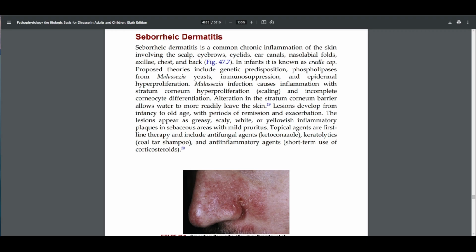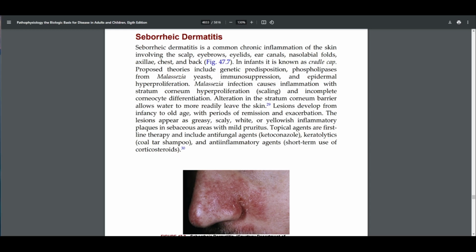Seborrheic dermatitis is a common chronic inflammation of the skin involving the scalp, eyebrows, eyelids, ear canals, nasolabial folds, axillae, chest, and back. In infants, it is known as cradle cap.